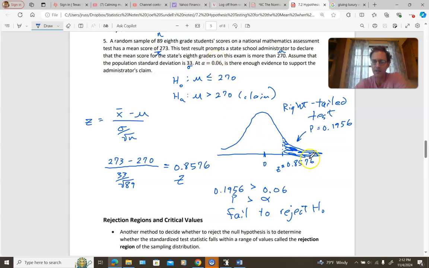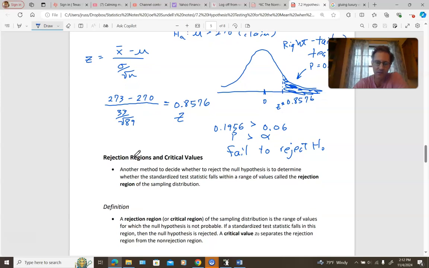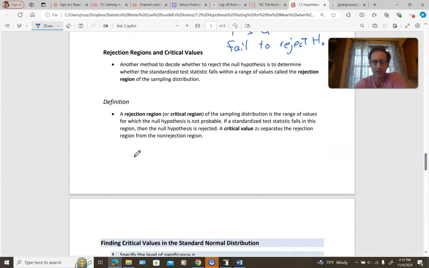Then if our test statistic falls in that area, called a rejection region, such that, for example, 5% is in the right tail, then we reject the null hypothesis. But I'll save that for part 2, because this material is kind of dense.